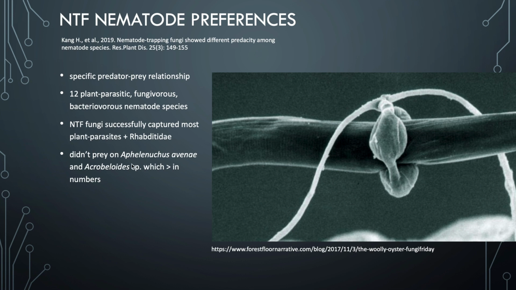Interestingly, they did not prey on Aphelenchus avenae, which is a fungal predator. Acrobeloides species, which is a bacterial feeding nematode, was also not consumed by the various fungi.